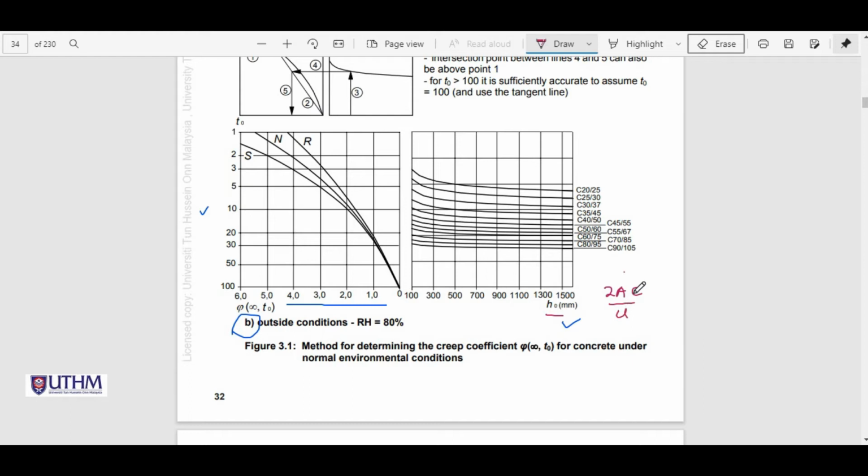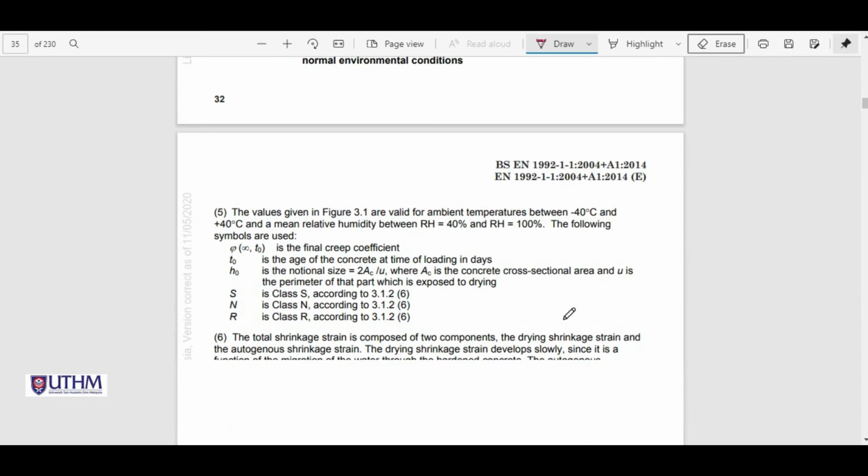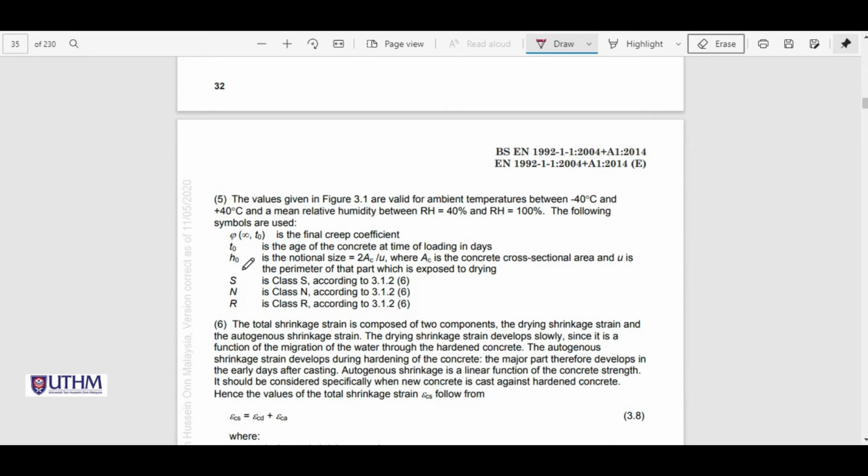You can also find this equation in the next page. Ac is the concrete cross-sectional area and u is the perimeter of the part which is exposed to drying.